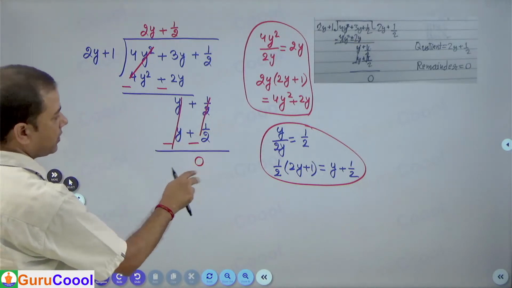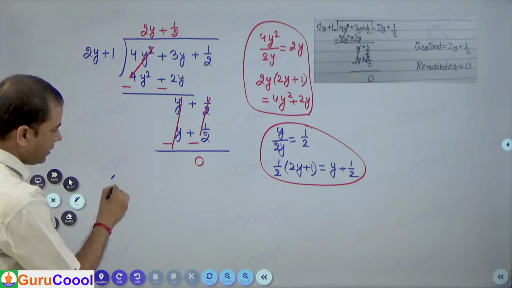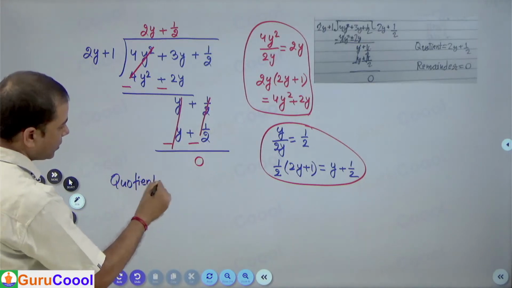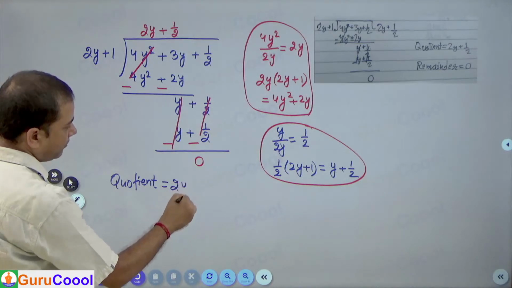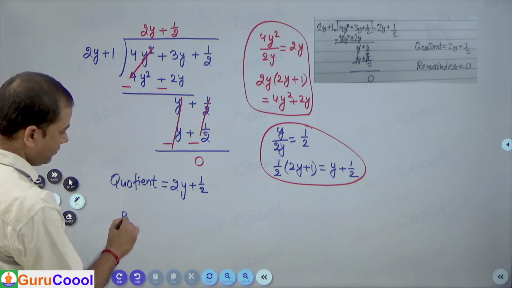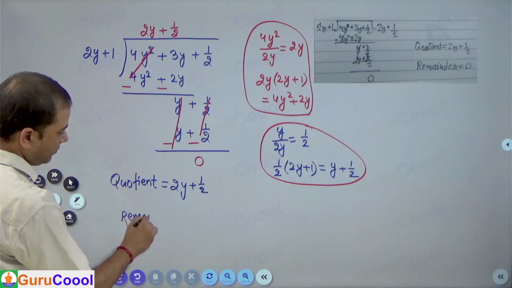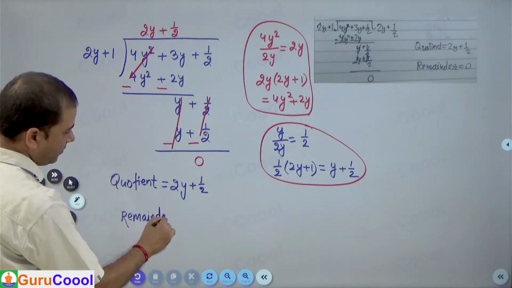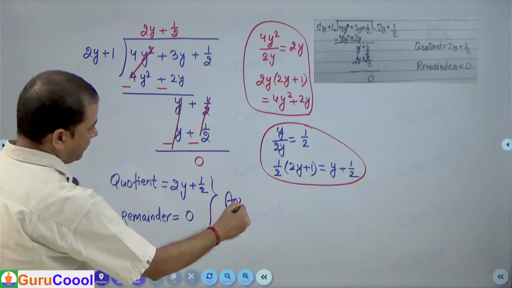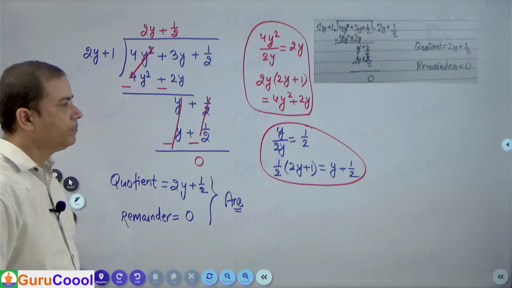Now this degree is lesser. So write the answer. Quotient 2y plus half, remainder 0. Answer. Any question?